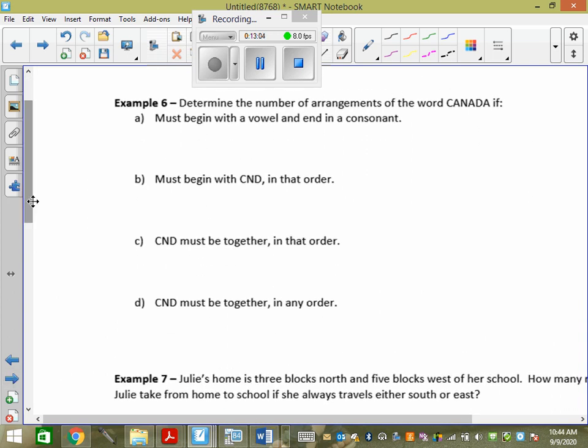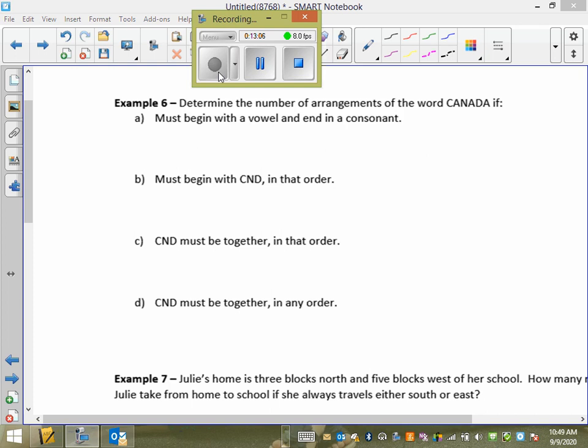Example 6, go. So remember to stack C-A-N-A-D-A. So every single one of these questions should be divided by 3 factorial, right? Right off the hop. So this one begins with a vowel and ends with a consonant.